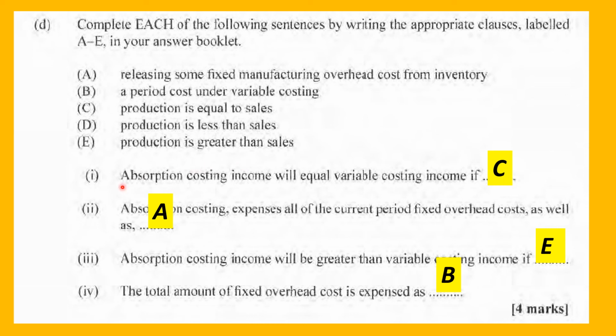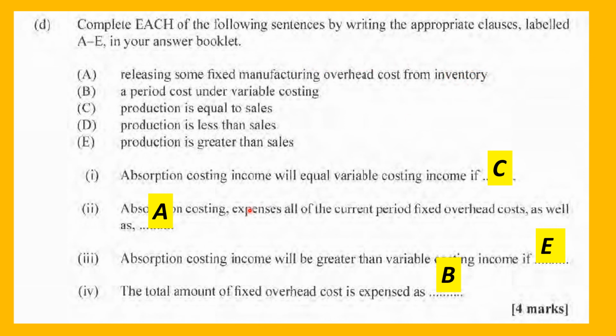Absorption costing income will equal variable costing income if the production is equal to the sales. And absorption costing expenses all the current period fixed overhead costs as well as it releases some of the fixed manufacturing overhead costs from inventory.